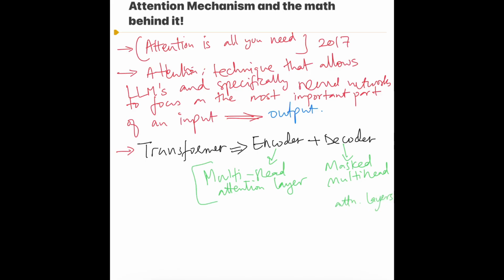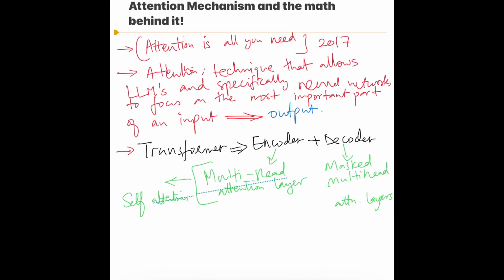Now, multi head attention layers do something known as self attention, wherein they have access to all the tokens. Every token has access to every other token, irrespective of whether a particular token comes before or after the token for which we are calculating the attention values.